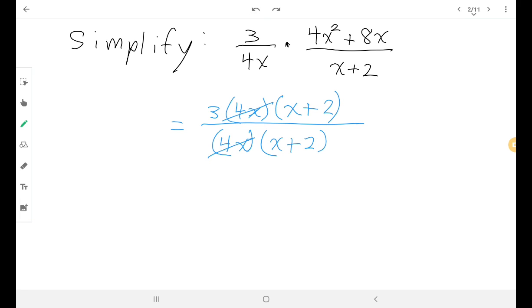That is not something you want to do. You have to do this entire x plus 2 and this entire x plus 2. You can't cancel things between addition and subtraction. So since I've canceled all that, all I've got left on the top is a 3. And if I've canceled everything on the bottom, that becomes a 1, and 3 divided by 1 is just 3.